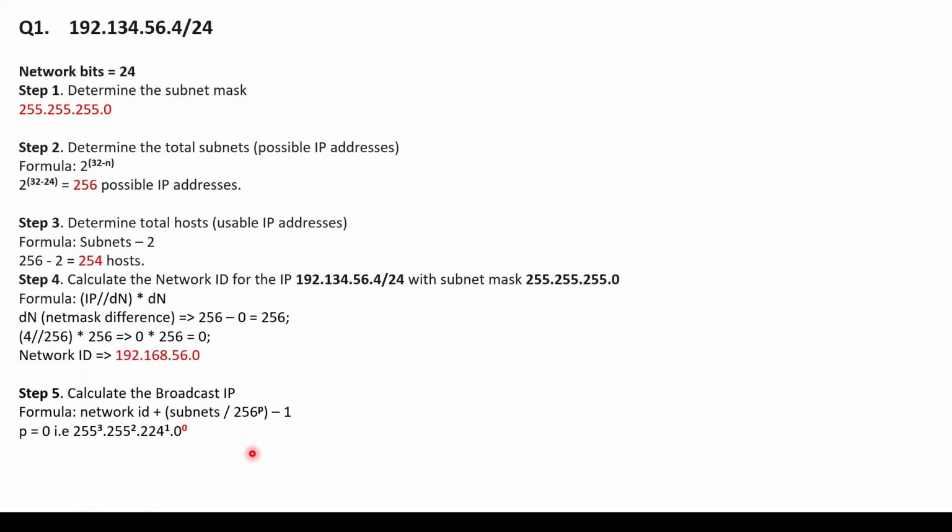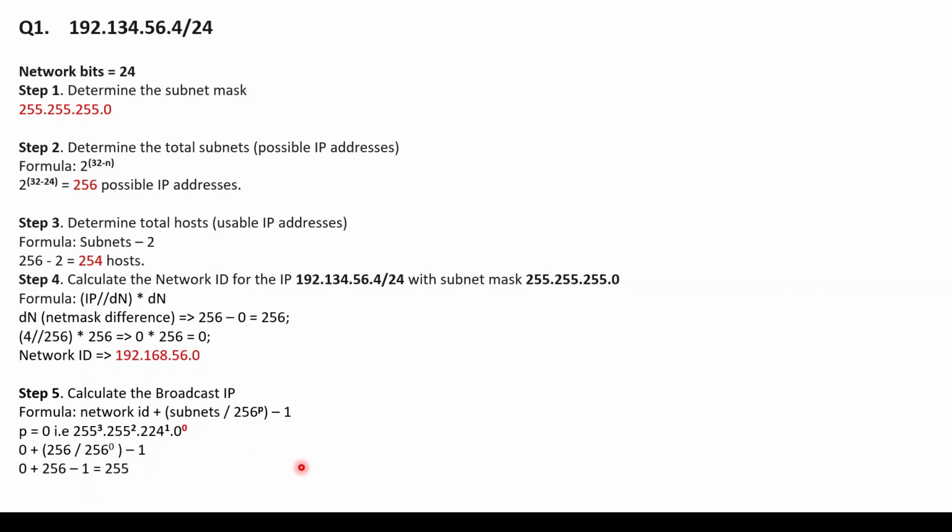So we are only interested in the position of our target octet, which is 0. Now substituting everything into the formula, we have 0, which is our network ID, plus, in brackets, 256, which is the total subnets we got from step 2, divided by 256 raised to the power 0, because our p is 0, because the target octet is at position 0, then minus 1.